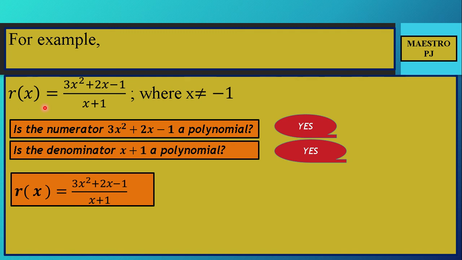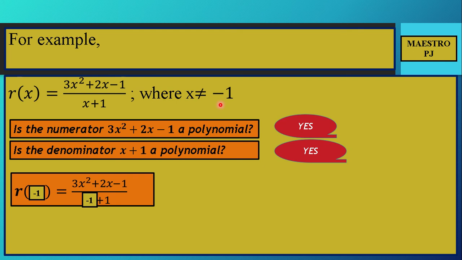So, why does the given give a restriction that x should not be equal to negative 1? Bakit meron tayong given dito na sinasabi niya na yung x ay hindi daw dapat maging equal sa negative 1? It's because if x will be negative 1, say we have r of negative 1, the denominator will be negative 1 plus 1.